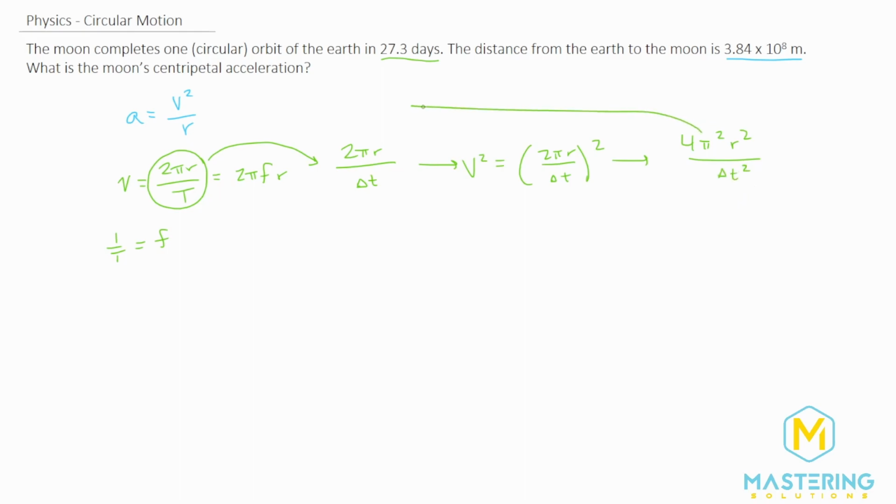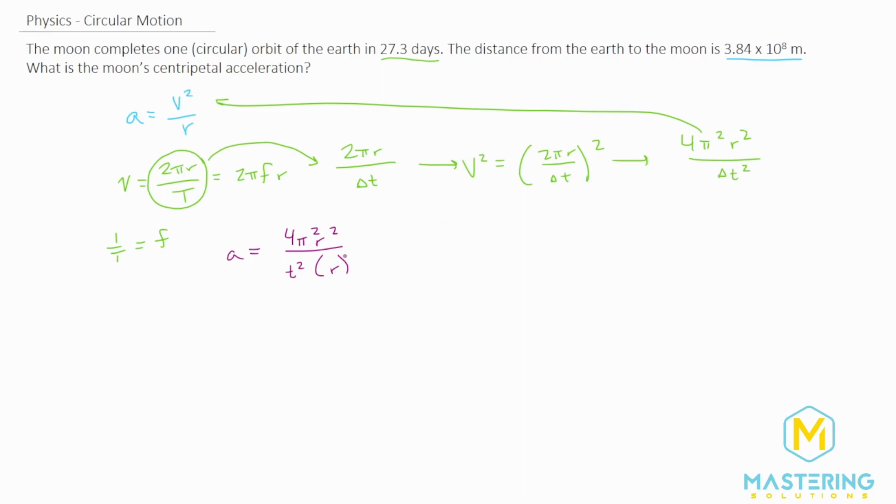Now when we plug this in up here for the velocity, so acceleration will be equal to 4 pi squared r squared over delta t squared times r.